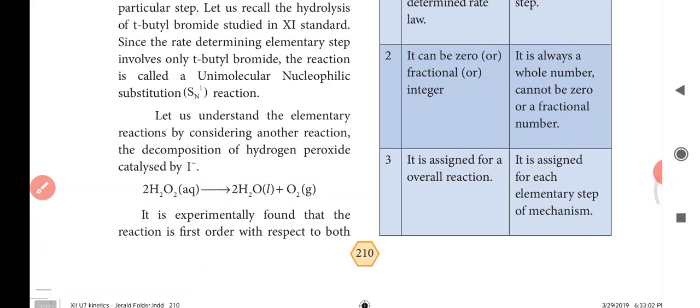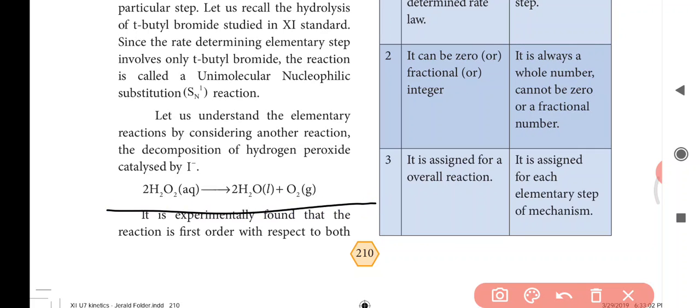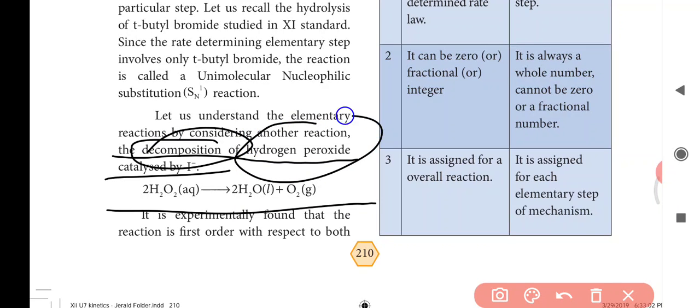Let us understand the elementary reaction by considering another reaction: the decomposition of hydrogen peroxide. Decomposition is nothing but breaking. Hydrogen peroxide is H2O2, and its decomposition gives water and oxygen.